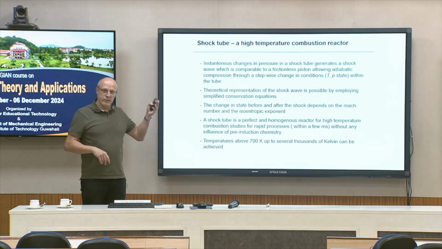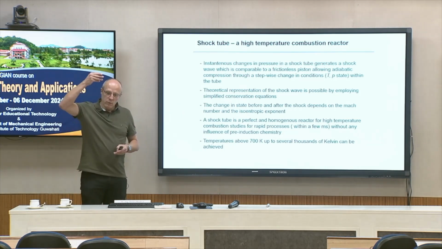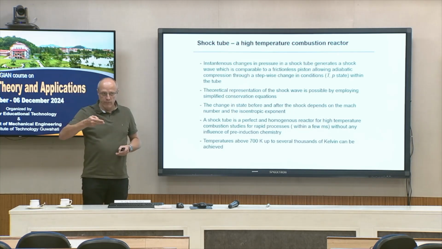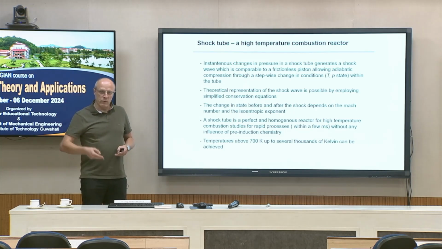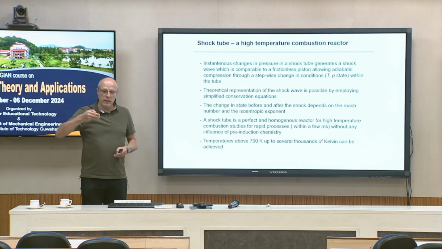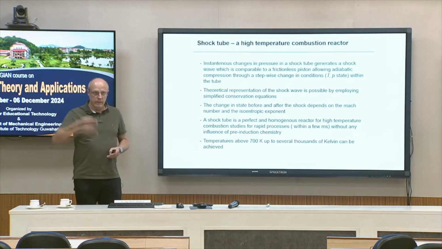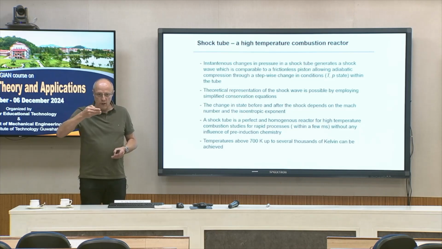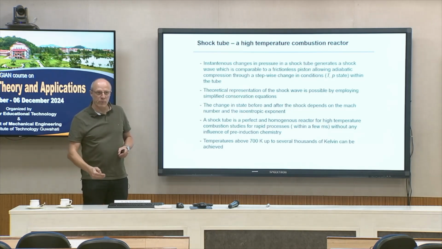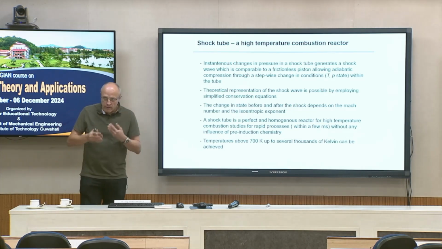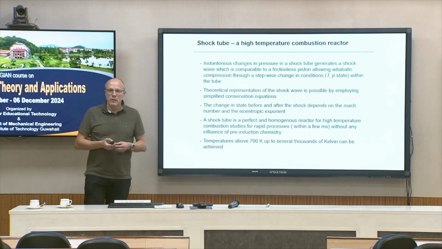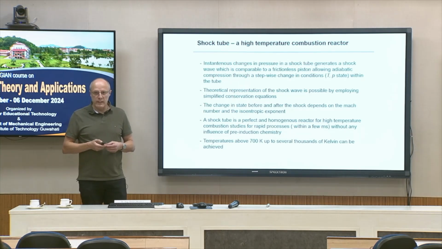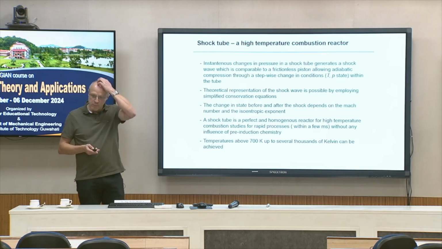If we use, for example, this jet stirred reactor you have seen, we have a preheating zone. And of course, when we start with 300 K and have 800 K in the reactor, there is a slow change in temperature from 300 to 800. And at that time, chemistry can already take place, which may disturb our experiment.